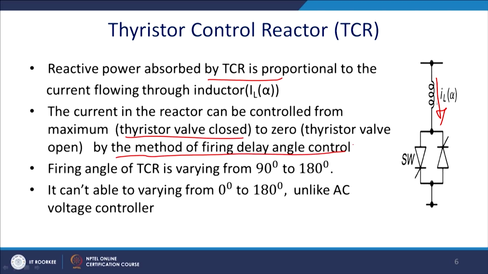Generally, the TCR is operated in the range of 90 to 180 degree. Only then will it absorb the reactive power. It cannot be operated from 0 to 90 degree, since we have studied that it would behave like a simple converter.